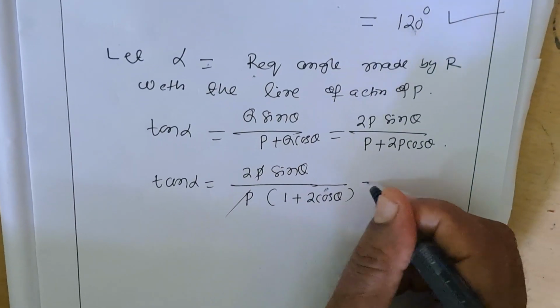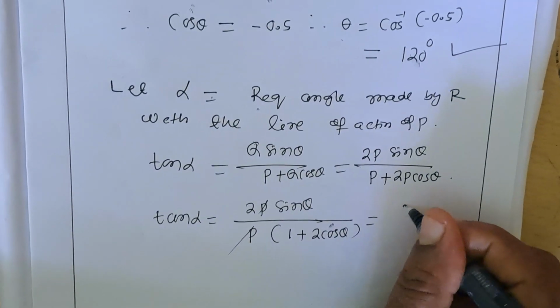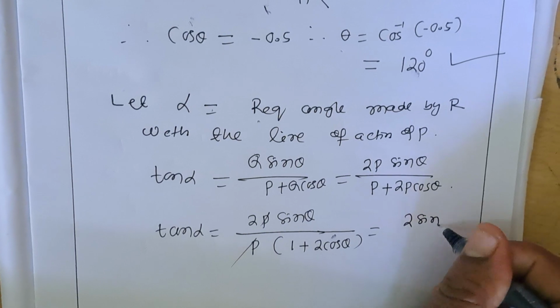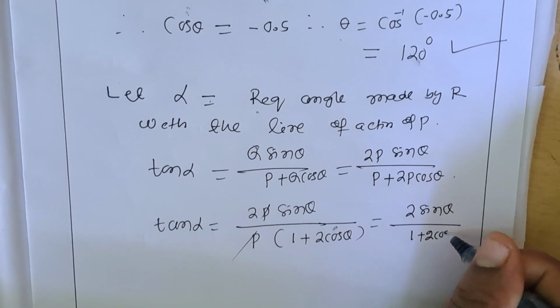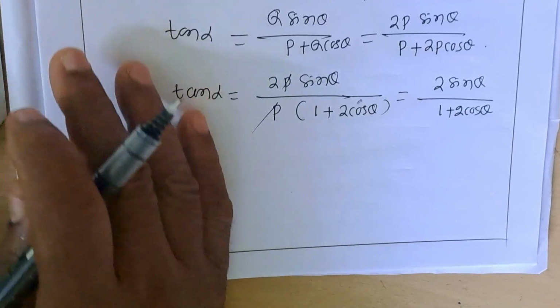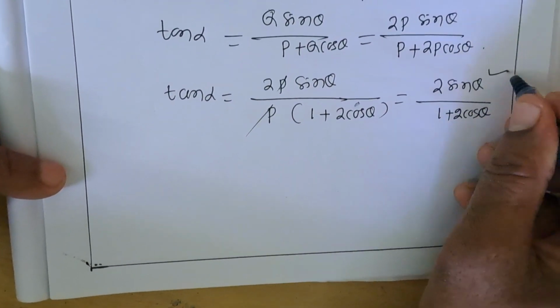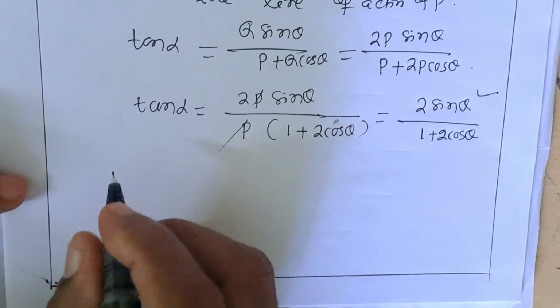P cancels, so it is equal to 2 sin theta divided by 1 plus 2 cos theta. But here theta is equal to 120 degrees.